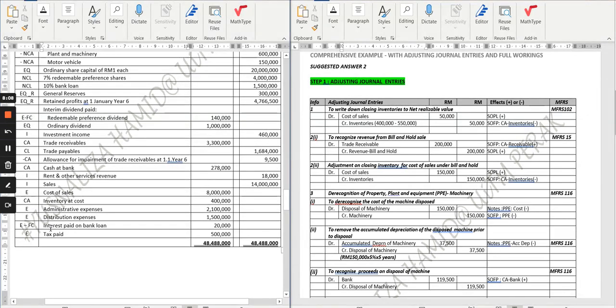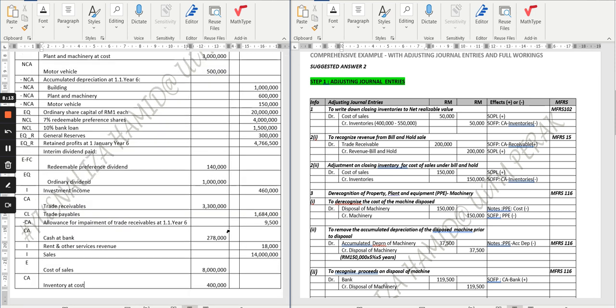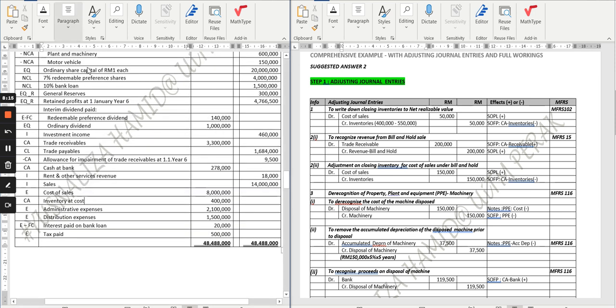And then you have your expenses, interest paid on bank loan. You need to check whether or not this interest paid has been correctly provided for. So if you can see here, 20,000, and if you check the bank loan, it was 1.5 million.